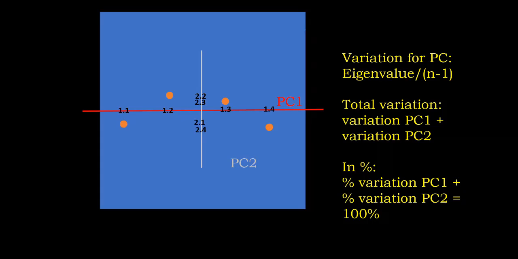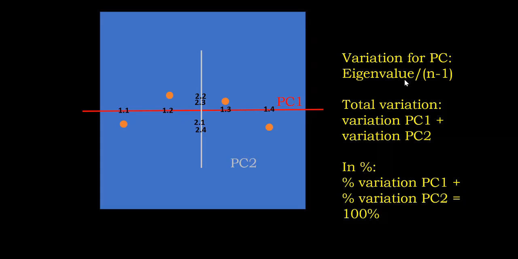Now, another important point we need to calculate is the variation for the principal component. The variation for the principal component is calculated by calculating the eigenvalue, as I mentioned before, which is the sum of squares of the distances between the projections of the observations in principal component 1 to the origin.